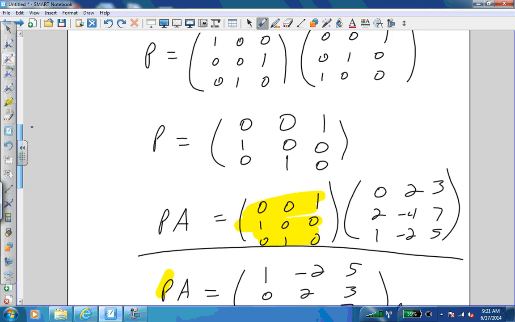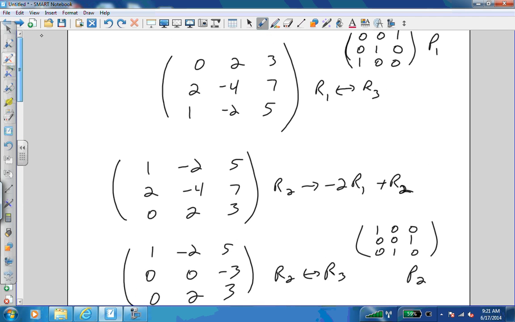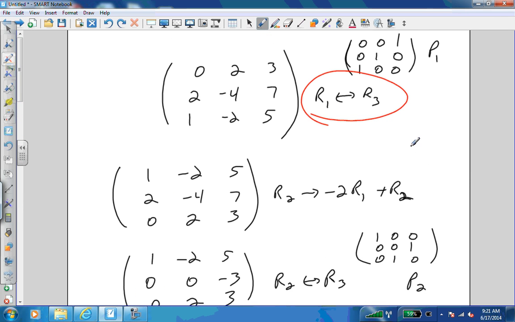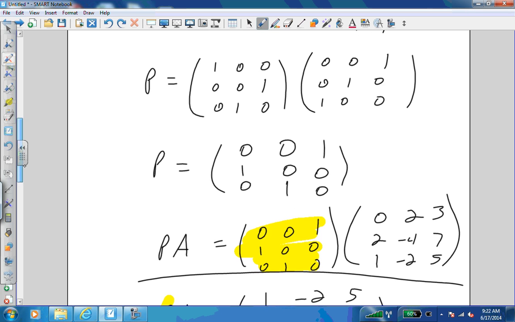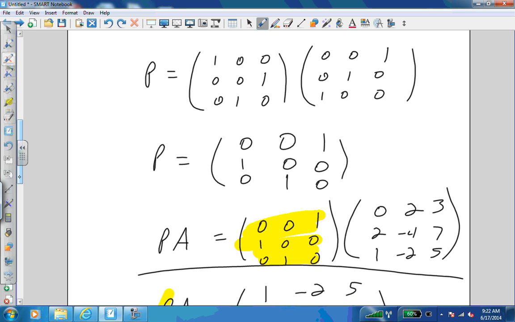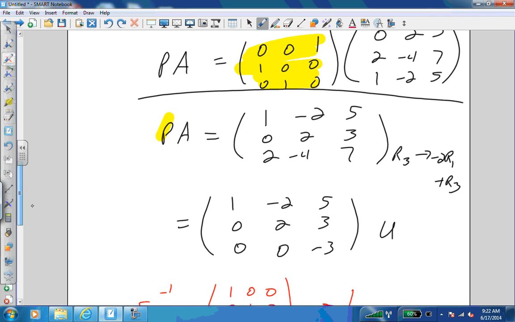So in our case, we had to do two different permutations on A in order to get it into an upper. So once we did our permutations on A, that gave us a matrix that we could reduce to an upper.